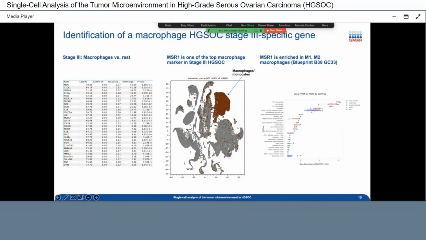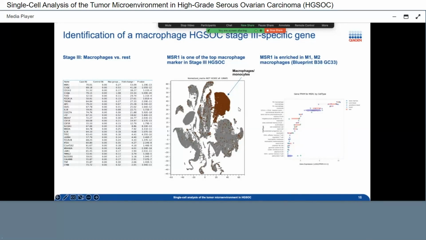And looking at that population, which I defined as macrophage monocytes, again, we can probably go deeper. It's probably an M2 type of macrophages, but I'm not going there. And the marker that we have defined, the top one, is MSR1. That is a top macrophage marker at stage 3 in that particular high-grade serous ovarian carcinoma.